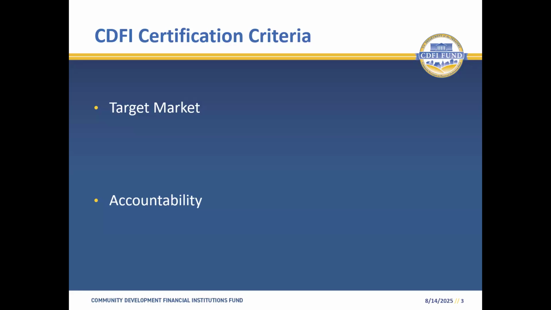Along with the target market directed financing activity, a certified CDFI must demonstrate accountability to its allowed CDFI certification target market components by having a sufficient level of accountable individuals on its relevant governing and/or formal advisory board.